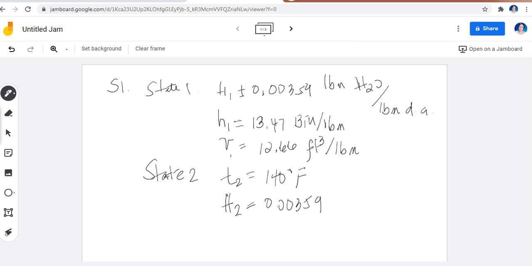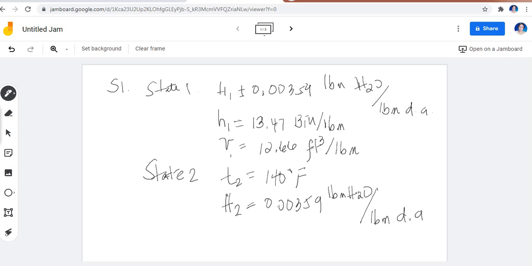So based on the final temperature, and this is heating, this will be the increased humidity of your air water vapor mixture. So water over pound mass dry air.